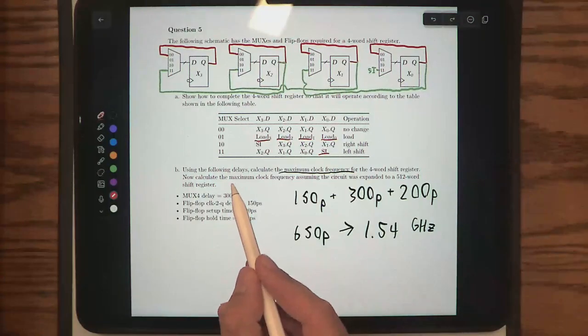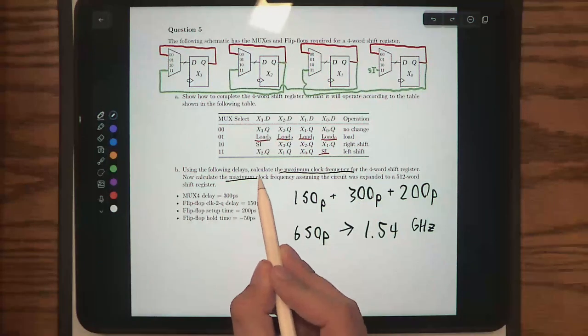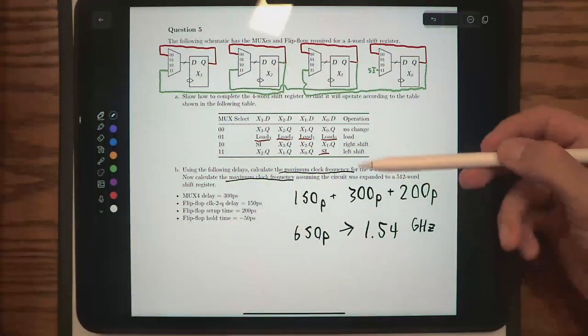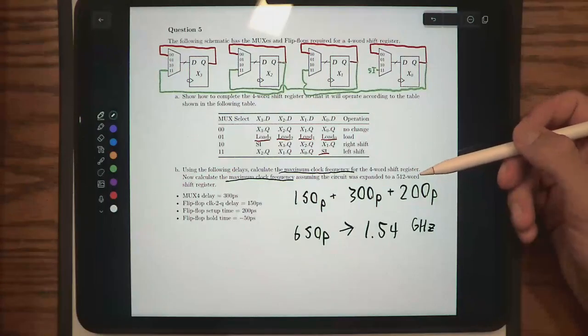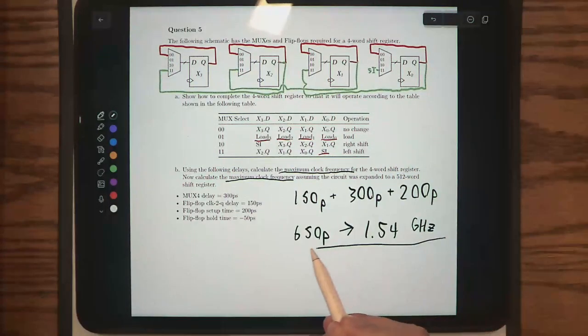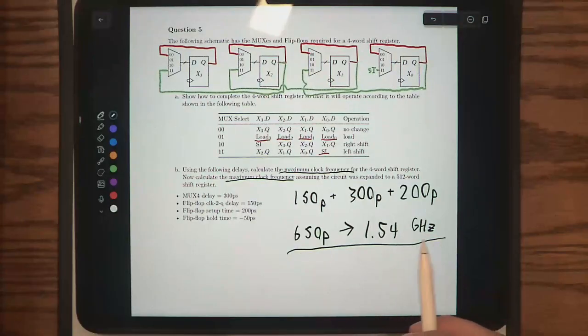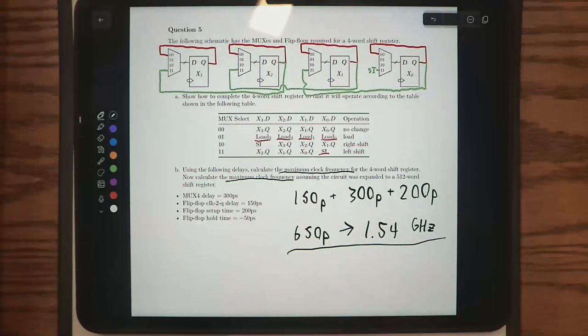It's asking for the maximum clock frequency, and in both the 4 word shift register and the 512 word shift register, this is what our clock delay and clock frequency is. No matter how many words there are in our shift register, we will always have this delay. So we don't need to multiply it by 512 or by 4. This is just always the answer in a shift register.